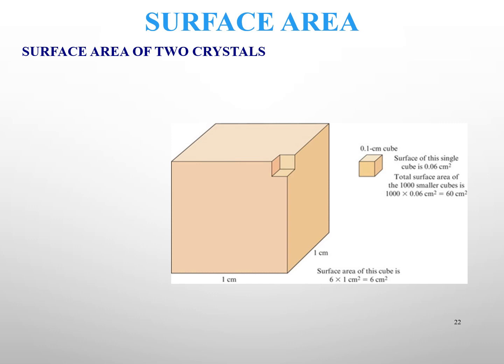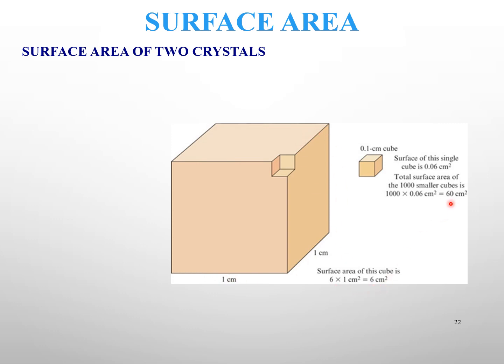So just to show you here, if you have a small cube of 0.1 centimeters, the surface area of this little cube is 0.06 centimeters squared. And then you have 1,000 of them in this big one. The total surface area for 1,000 small cubes is 60 centimeters squared. But if you take a look at just one big cube here, the surface area is only 6.